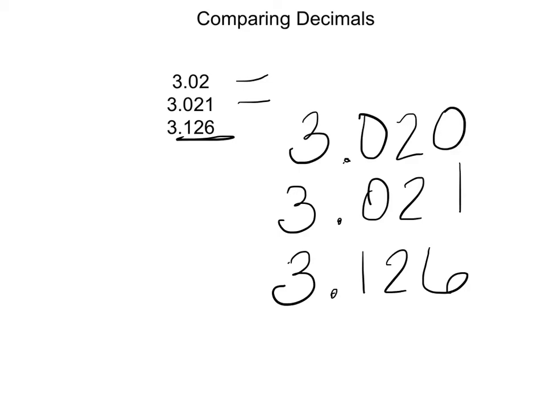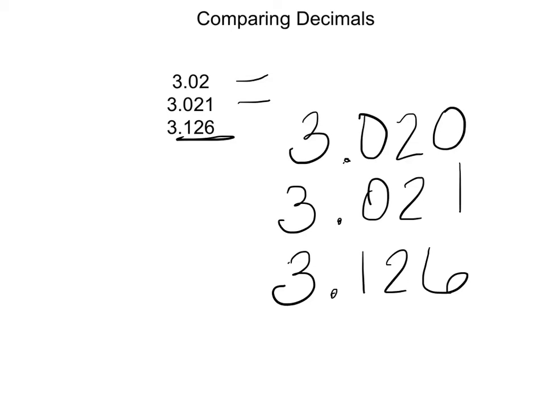Boy, that looks kind of obvious now, doesn't it? Very quickly I see a 126, a 21, and a 20. So 126 is larger than 21 or 20.